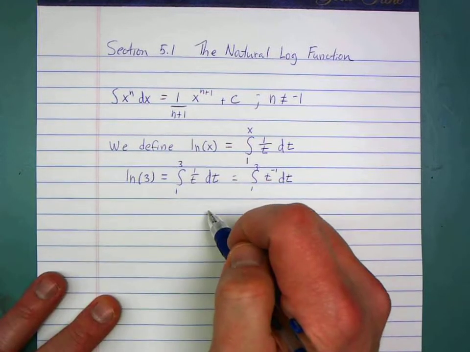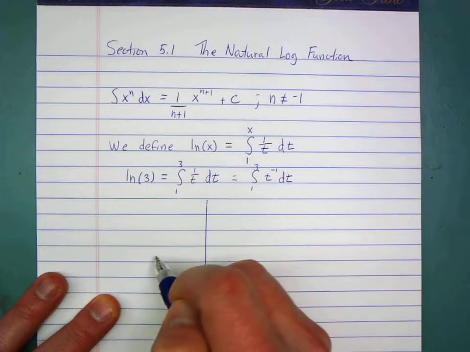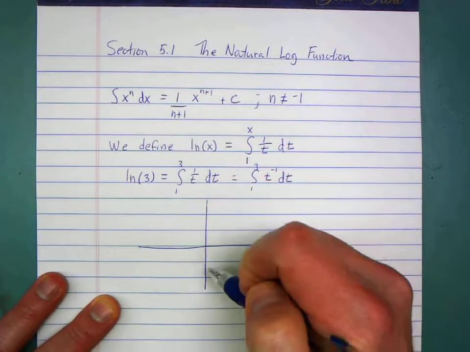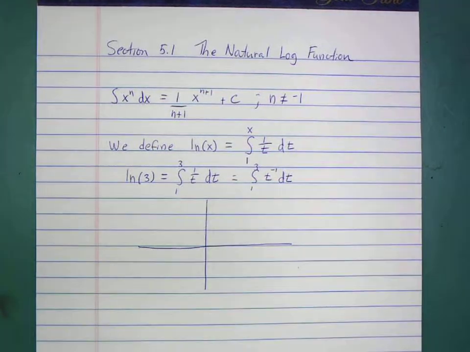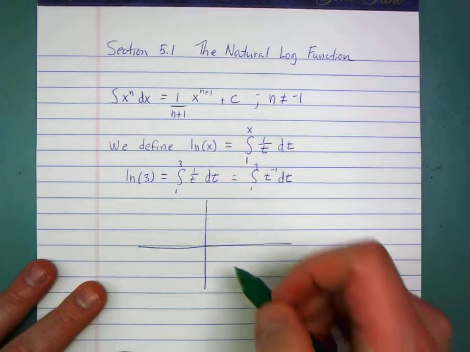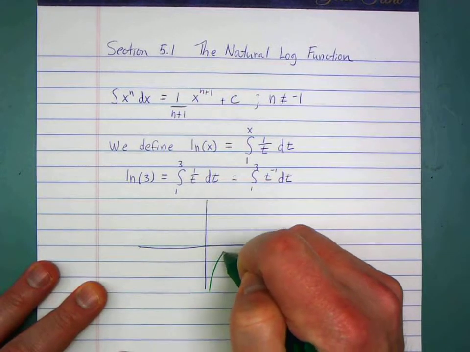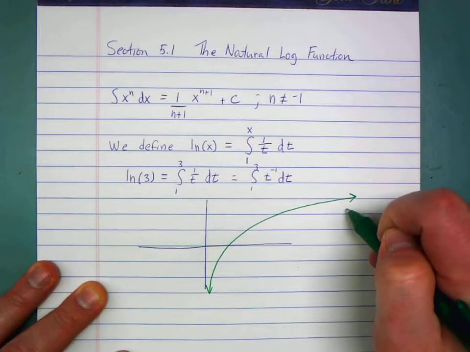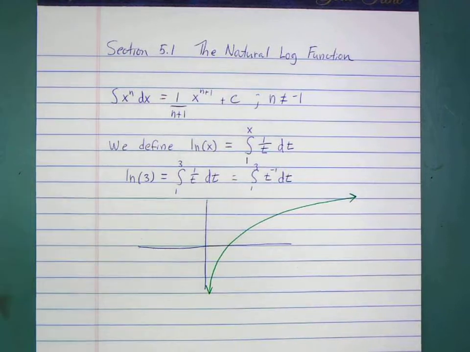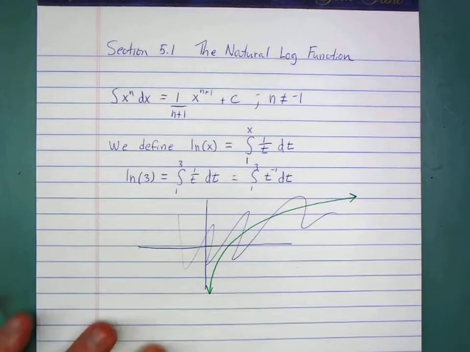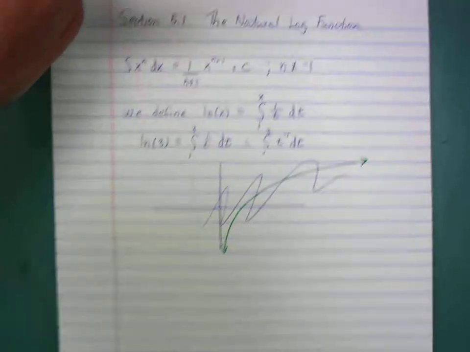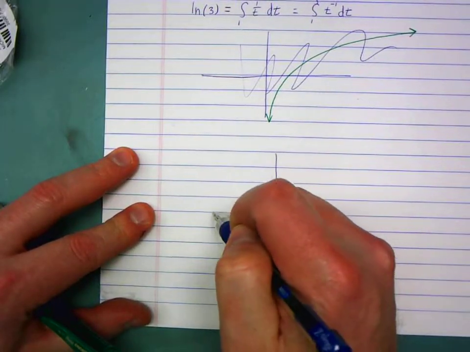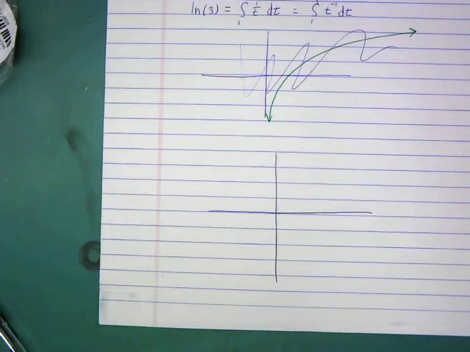All right, well, what do integrals mean again? In terms of a graph? It's the area under the curve. So if I graph the curve 1 over t, the curve 1 over t looks something like this. Oh, no, it doesn't. Forget that. That's not what the graph of 1 over t looks like. I do it upside down and backward.